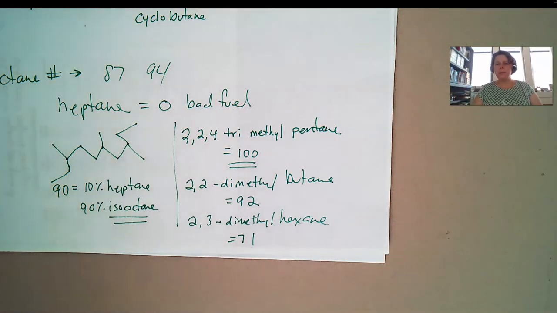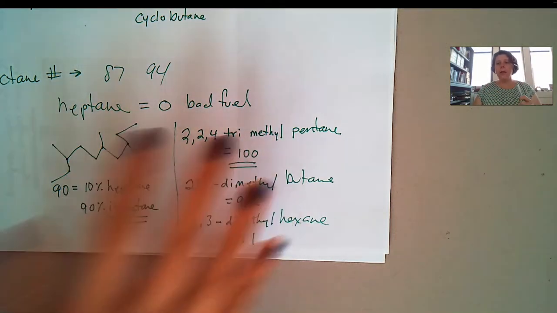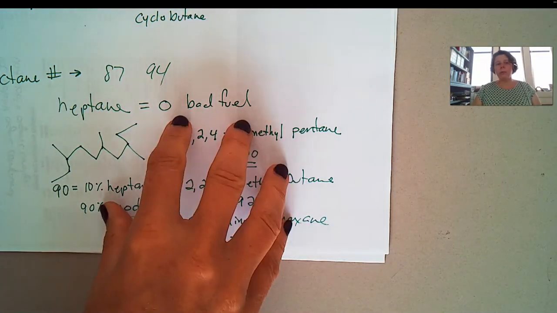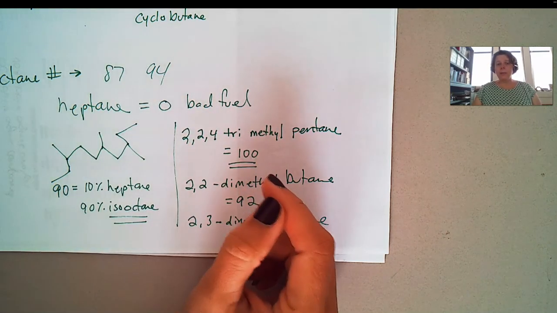Inside the gasoline manufacturers, they take the big organic molecules coming out of oil and crack them, breaking them up into smaller and smaller molecules. Depending on how the manufacturing process goes, based on the starting fuel and their procedures, they come up with different combinations of these compounds, their own combination of isooctanes.